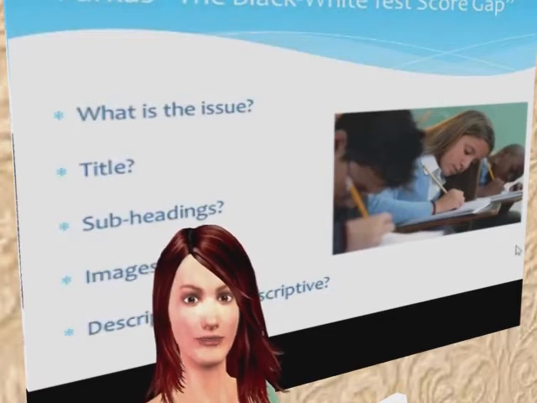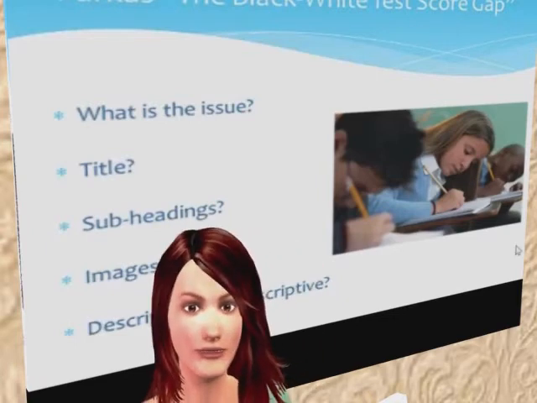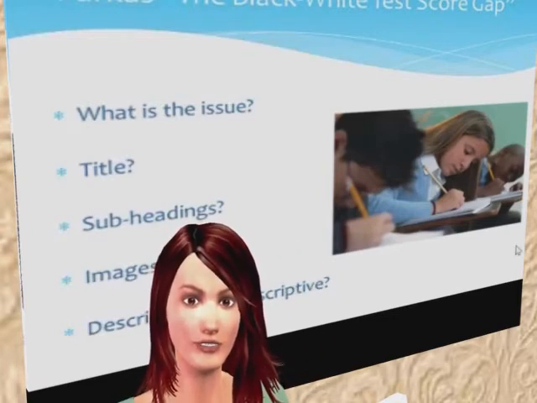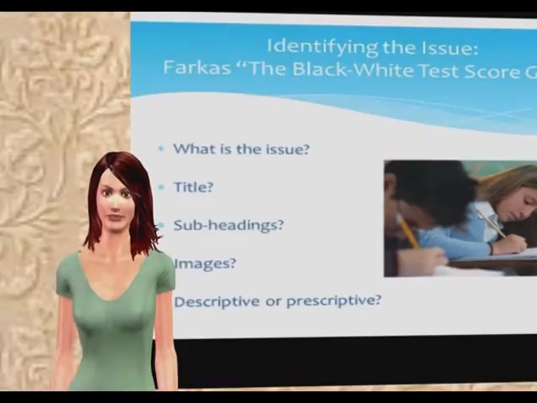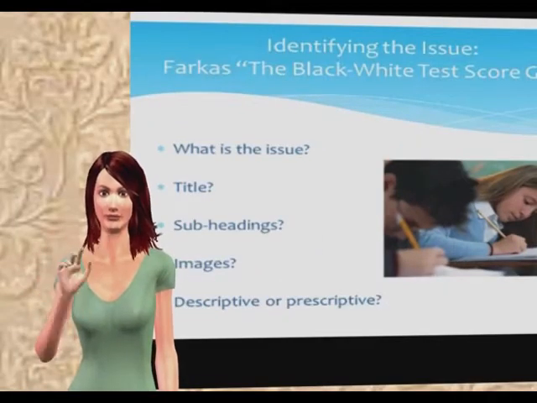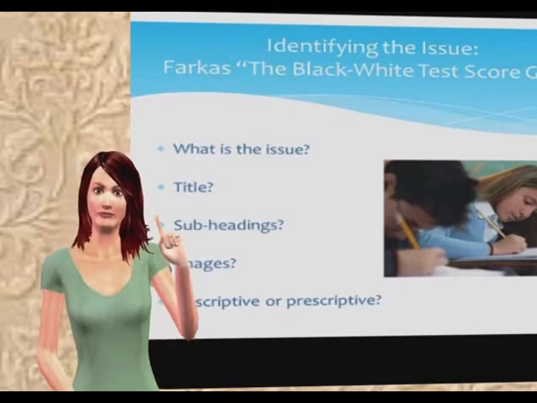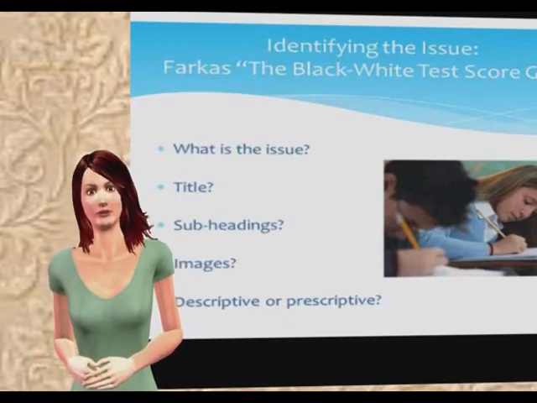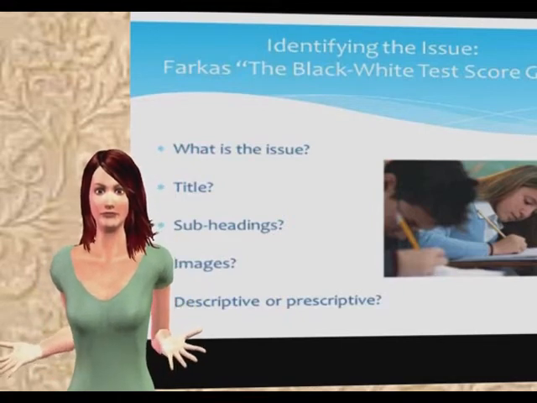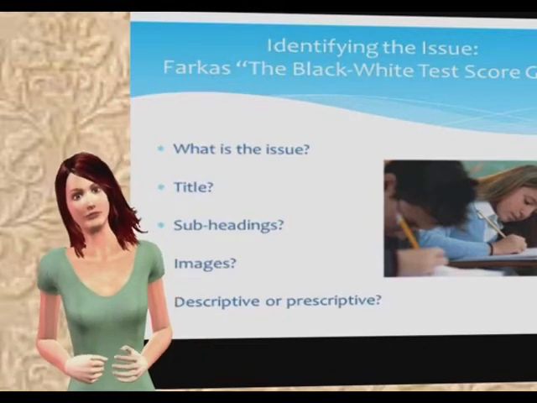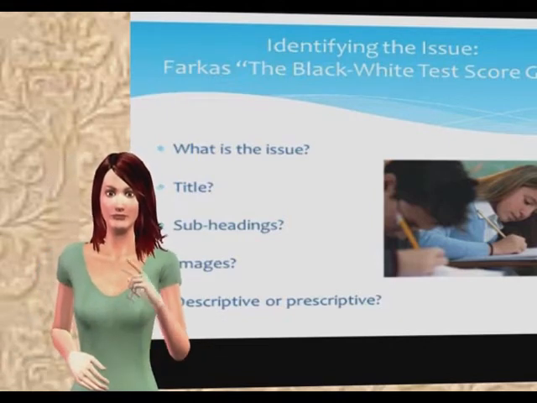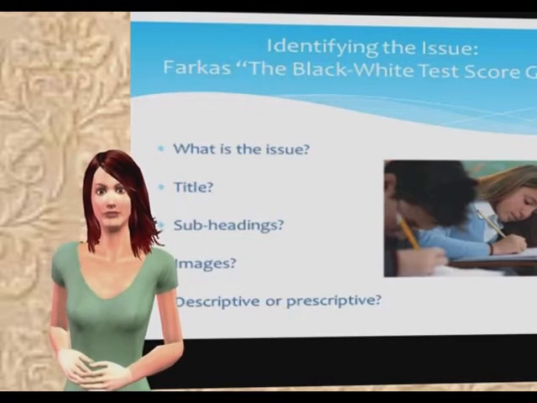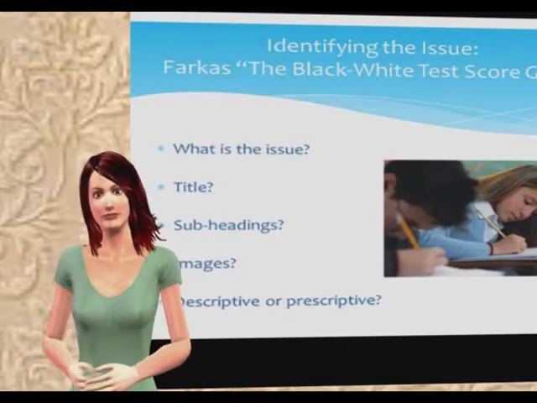Continuing on here in the reading, I'm flipping through it. 'Which explanations are best supported?' If you read that subsection, you know he's talking about which explanations are best supported for the gap. And then finally, 'How the gap can be closed,' and then 'The clock is ticking.' So if there's a common theme in all of these subheadings, it is indeed the black-white test score gap, and specifically what explains it.